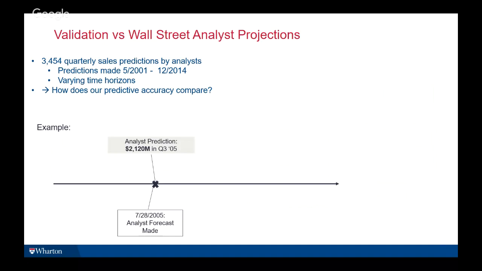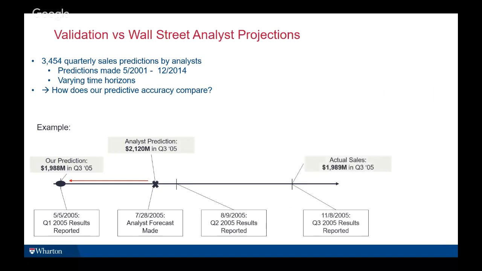So what's the forecast that we would have made? Our model, again, is only being estimated off of quarterly and annual reports. So the most recent quarterly report was actually 2.5 months prior, on May 5th, when the company released Q1 2005 results. And based on those figures, we would have predicted that Dish generates about $2 billion of sales.